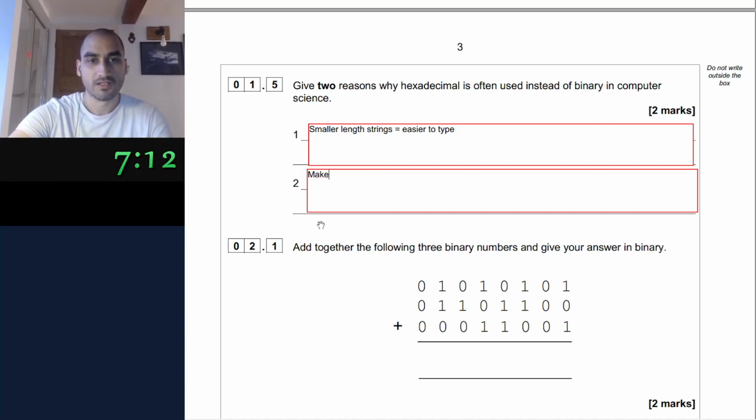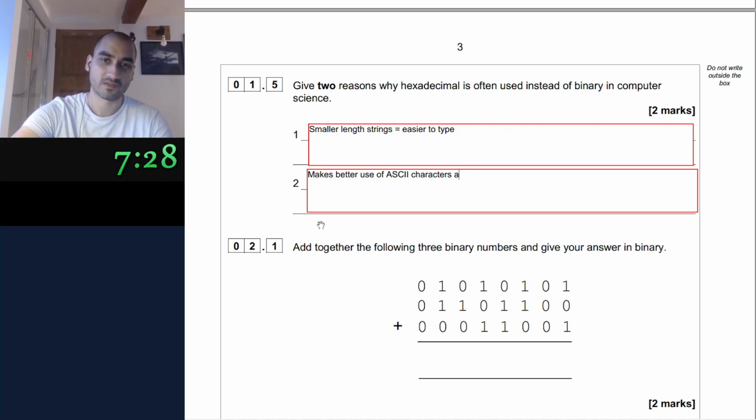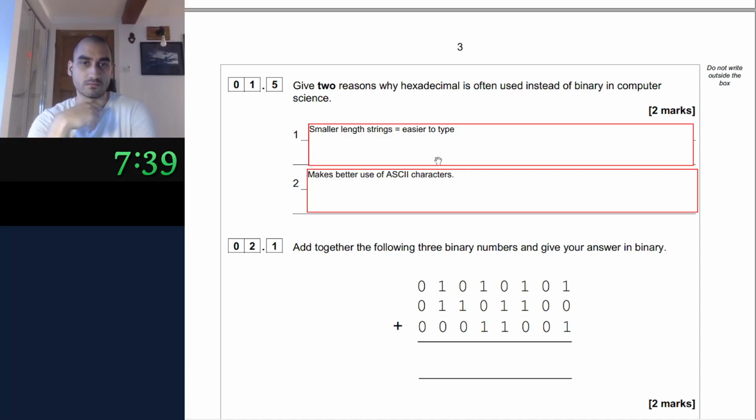I'm not sure I know the answer to this. Just say that. I feel like smaller length strings is the one and only reason, really. Everything else can be done the same with binary.